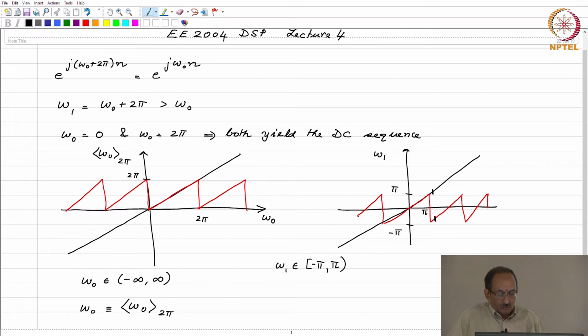And looking at omega in this range between minus pi and pi, you get a feel for why the signal frequency slows down. If you now plot mod omega 1, then of course from 0 to pi it is the same curve, nothing changes because it is positive. But if you look at the value of omega 1 beyond pi, then if you look at the modulus, the curve looks like this.